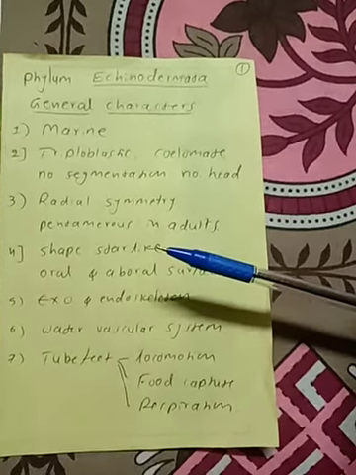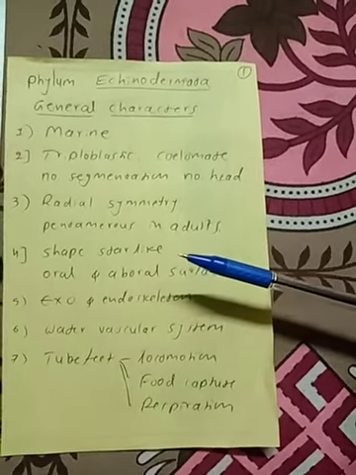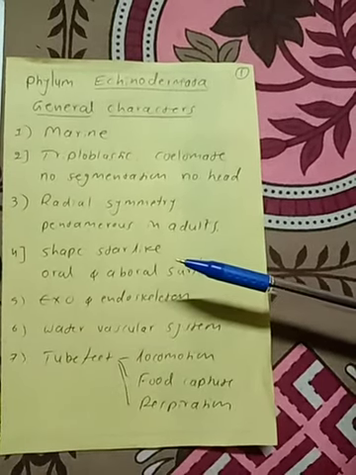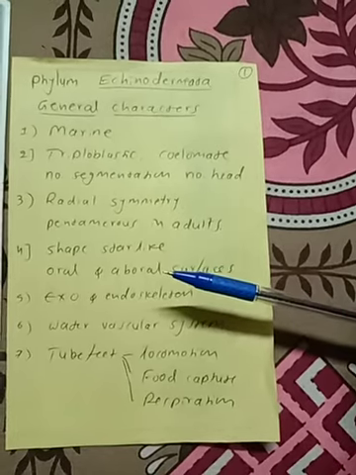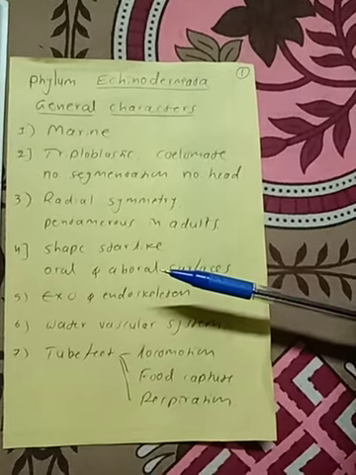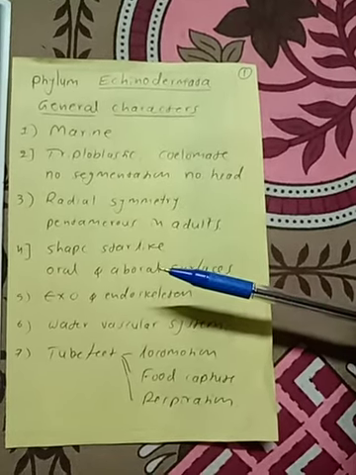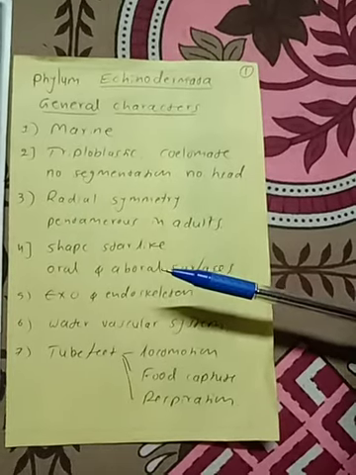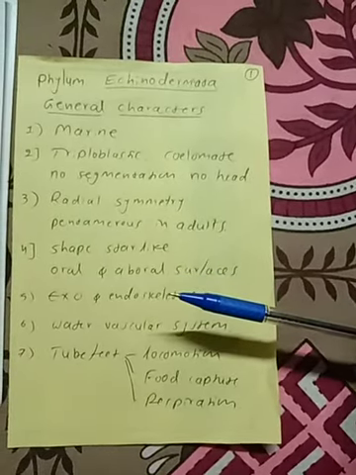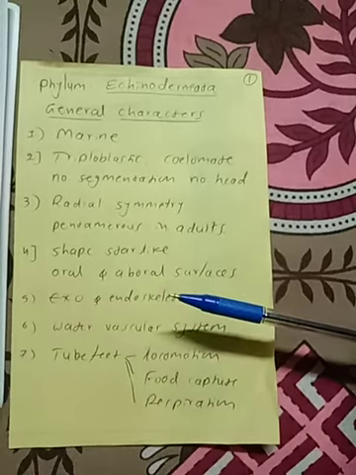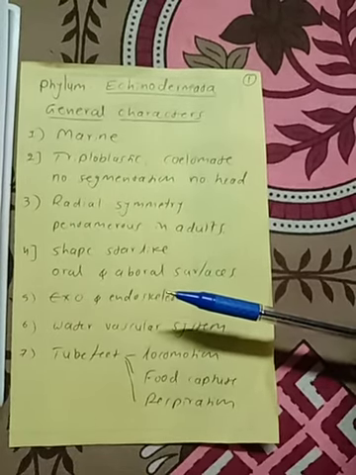Generally they are pentamerous in adults and biradial in larvae. The shape of the animal is star shaped, then oral and aboral surfaces are found on these animals.